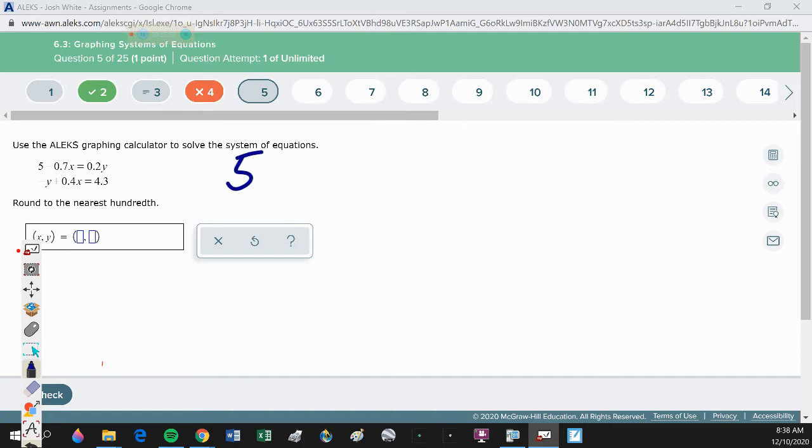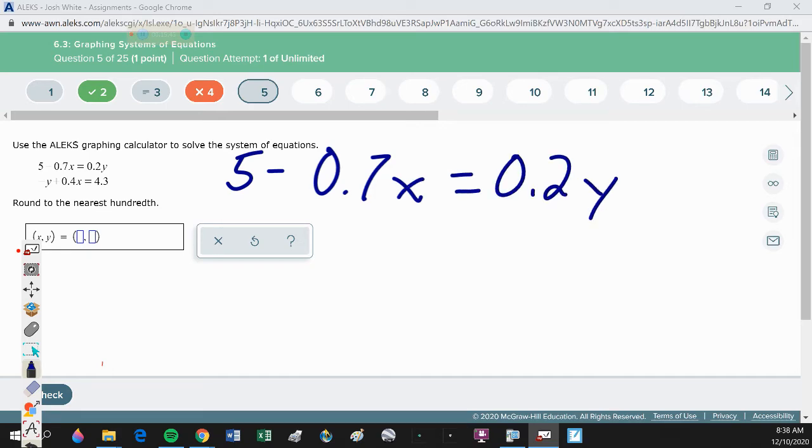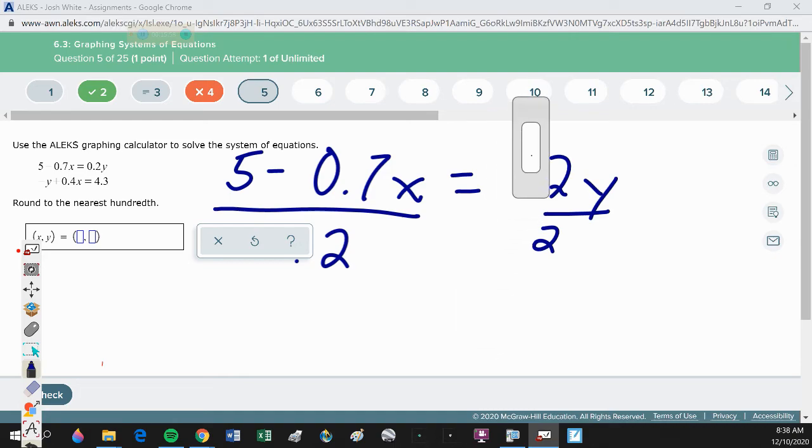So if I take 5 minus 0.7x equals 0.2y, how do I get y by itself? Not multiply. What's holding the 0.2 and the y together? So divide by 0.2. That's one equation. What about the other one?